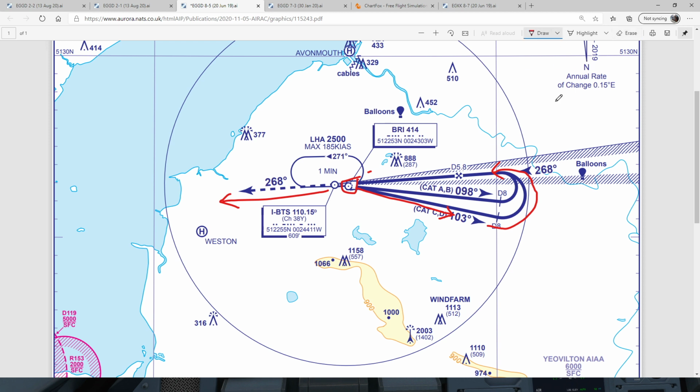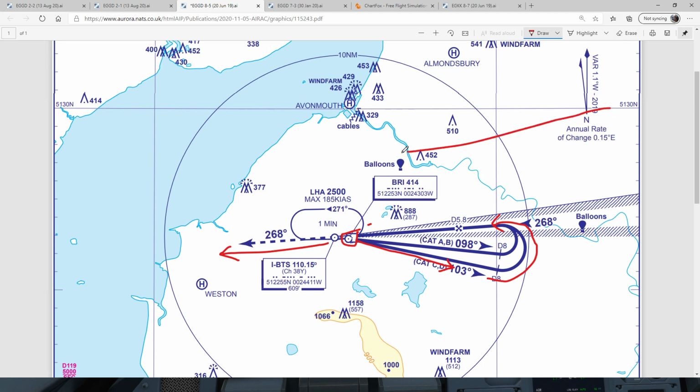So we're flying in via Pomax on a Bristol 1 Charlie or Bristol 3 Charlie or something like that. And at Bristol Airport, at least, most of the arrivals route you in north or south of the airport, and then it involves overflying that BRI NDB, which is on the airport, that little square that I've just drawn.